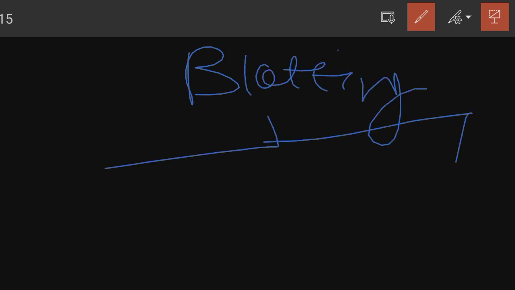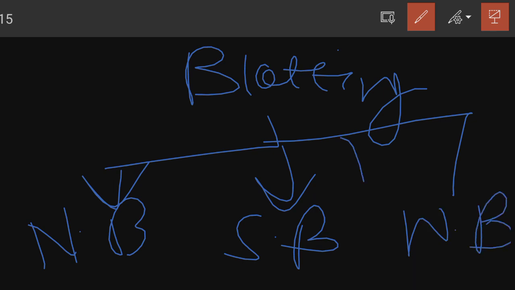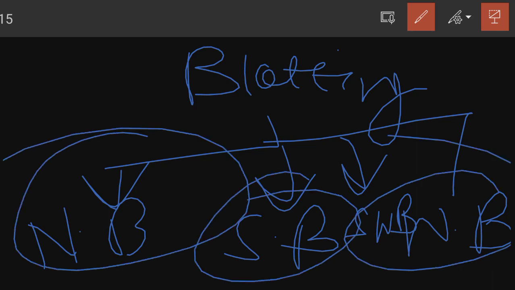Basically, the blotting technique is divided into three parts: Northern blotting, Southern blotting and Western blotting. One addition is Southern-Western blotting, but the main blotting techniques are Northern, Southern and Western blotting.